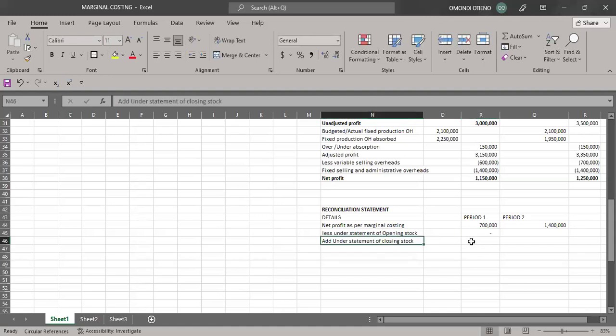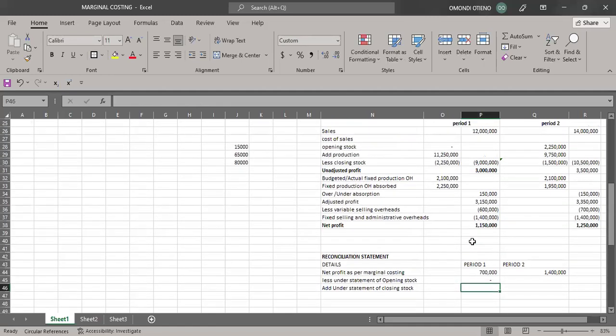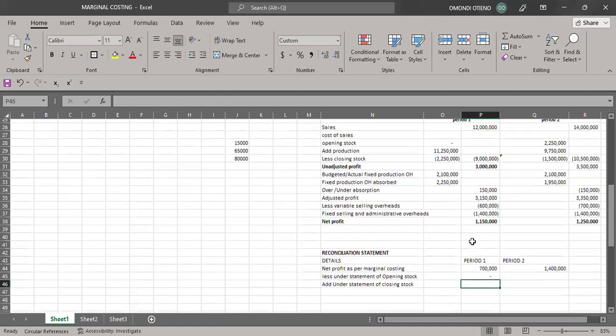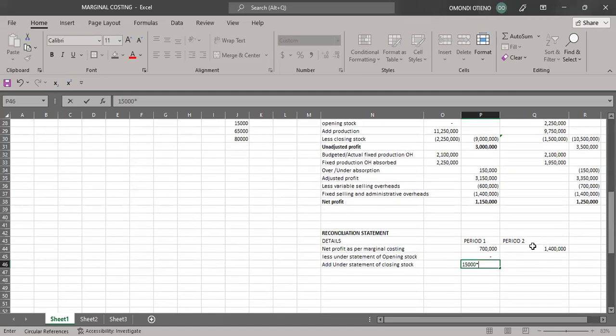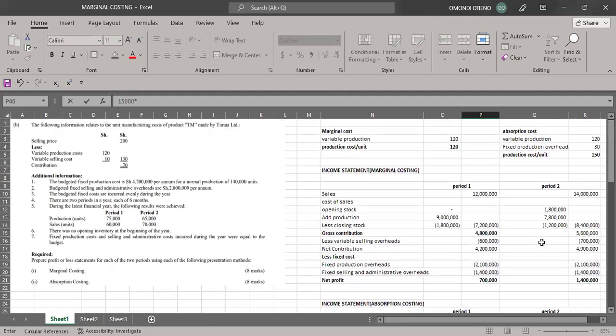Our closing stock in period 1 was equivalent to how many units? 15,000 units. These 15,000 units were understated by the amount of what we call fixed production overheads per unit. Under marginal, we have 120.